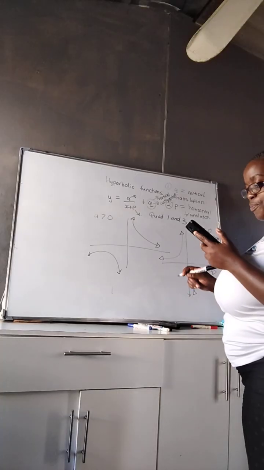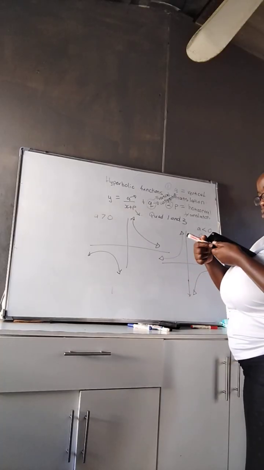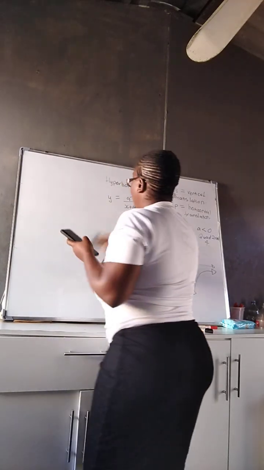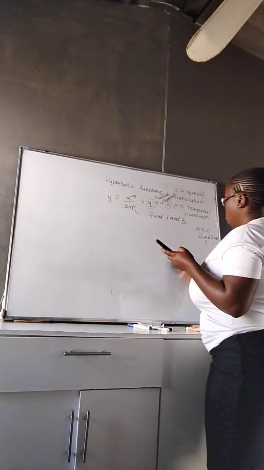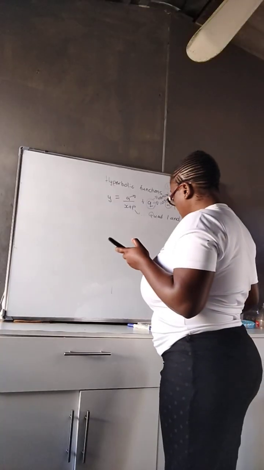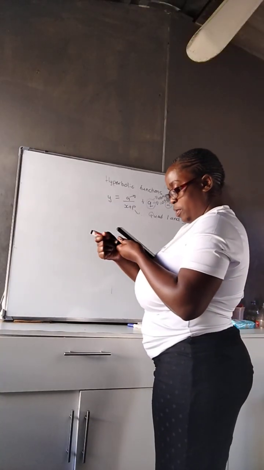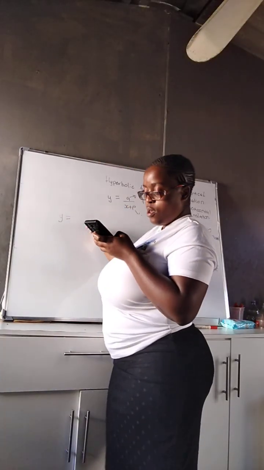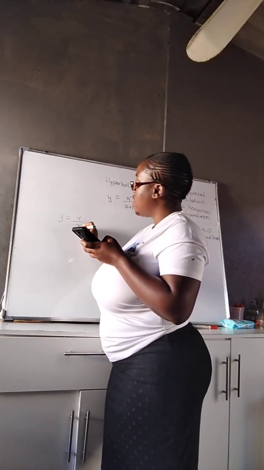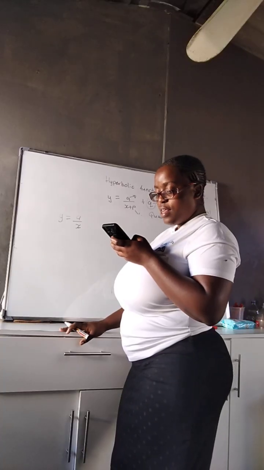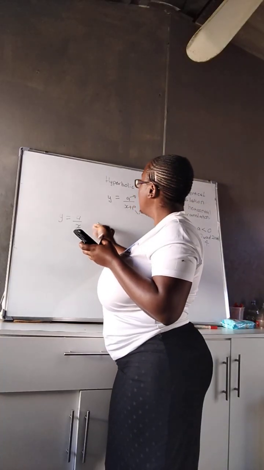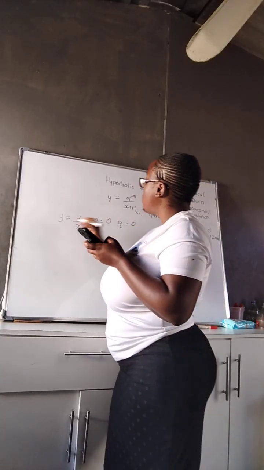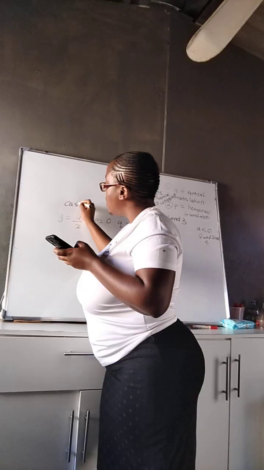So number one, let's talk about this. For example, we have y equals a over x, so p in this case is going to be 0 and q is equal to 0. Case number one.